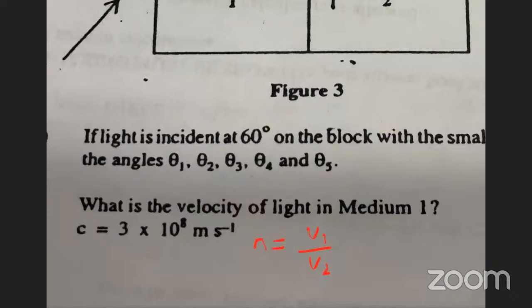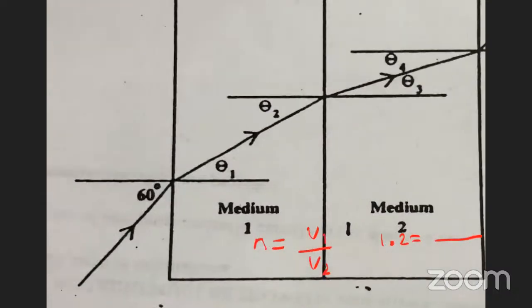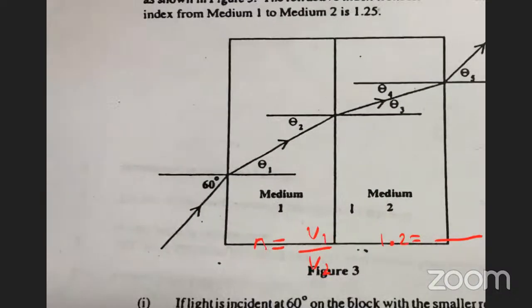What was the refractive index from air to medium 1 again? 1.2. Medium 1 in this case was air, remember. It came from the air, 3 by 10 to the 8, and then we try to find its speed in the next one here. Cross multiply, and you'll get 3 by 10 to the 8 all over 1.2.